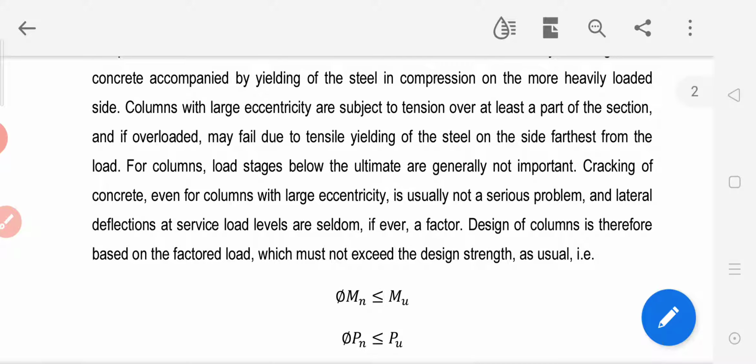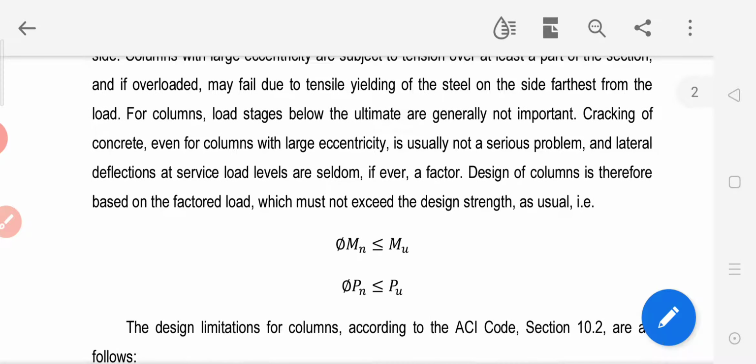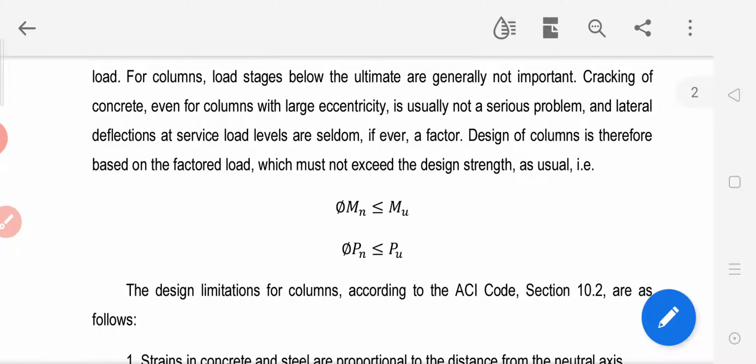Columns with large eccentricity are subjected to tension over at least a part of the section, and if overloaded may fail due to tensile yielding of the steel on the side farthest from the load. For columns, behavior while the load stays below the ultimate is generally not important.